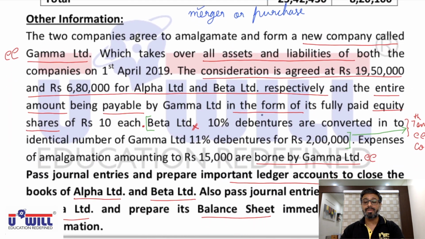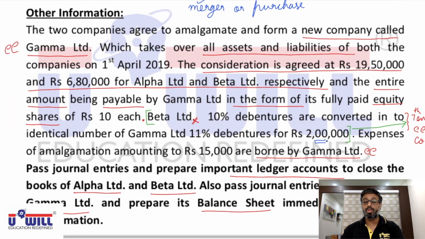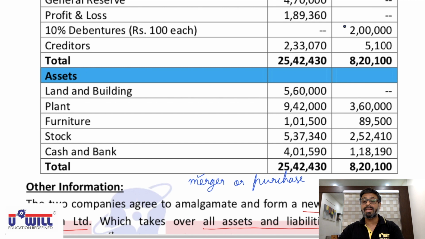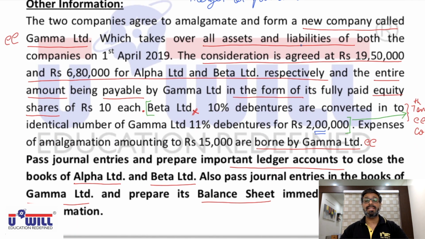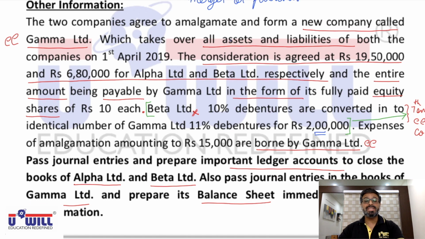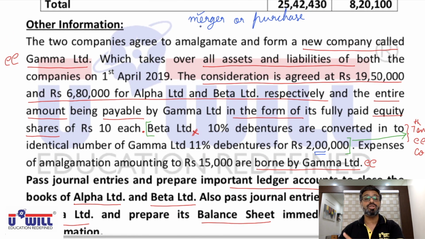Only debentures value is given, but that is also book value only. 2 lakhs is the same value appearing in the balance sheet. So all assets and liabilities, no other information is given except debentures, means all other assets and liabilities are taken at book value. And even debentures, what information is given is book value only, that is 2 lakhs. So second condition of merger is also satisfied, that all assets and liabilities are taken at book values.